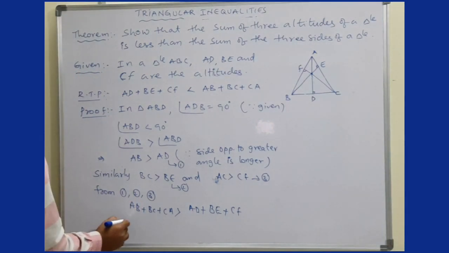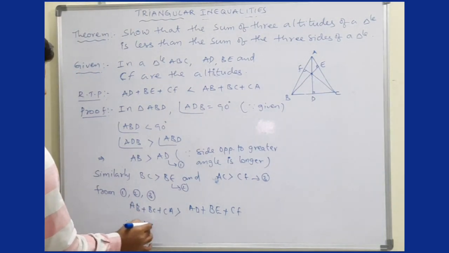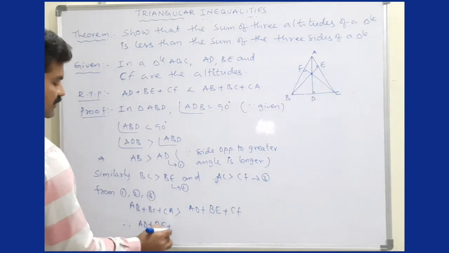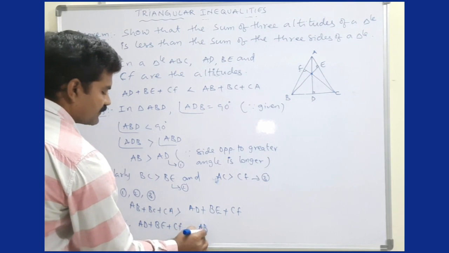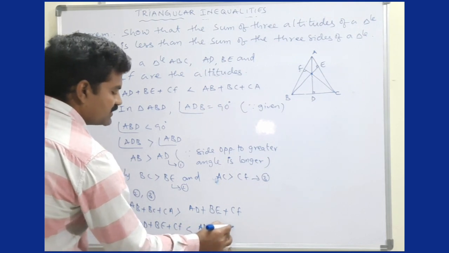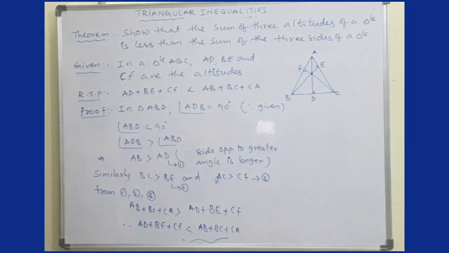Therefore, AD plus BE plus CF is less than AB plus BC plus CA. I mean, in a triangle, the sum of the altitudes is less than the sum of the three sides.